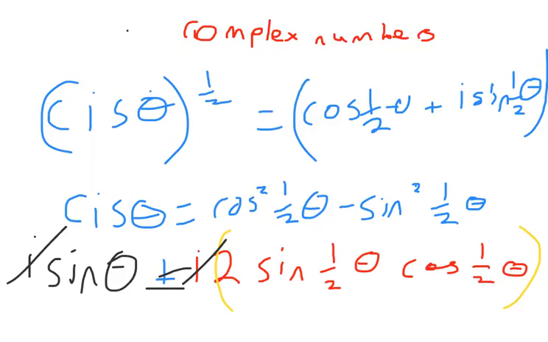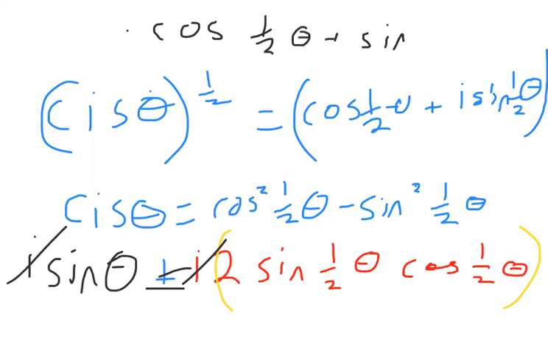Okay, so we're going to say for this, cos squared half theta plus sine squared half theta equals 1. Because that's our normal equation. Yeah.